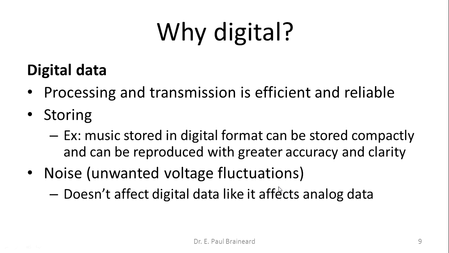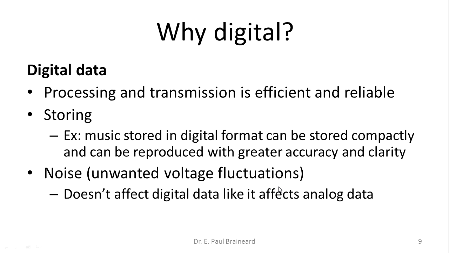The second advantage is, especially in case of storing music, stored in digital format can be stored compactly and can be reproduced with greater accuracy and clarity. Another advantage is the absence of effect of noise. What is noise?